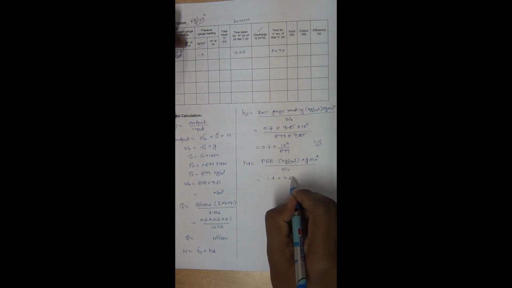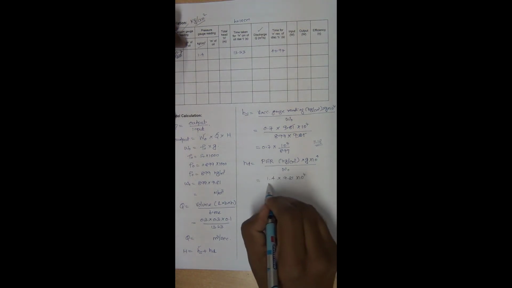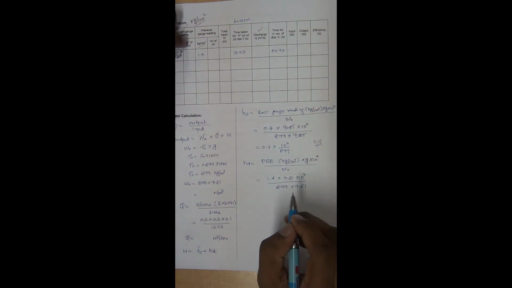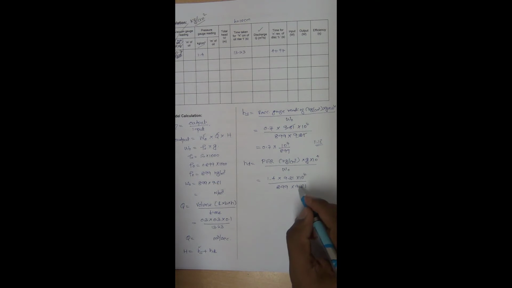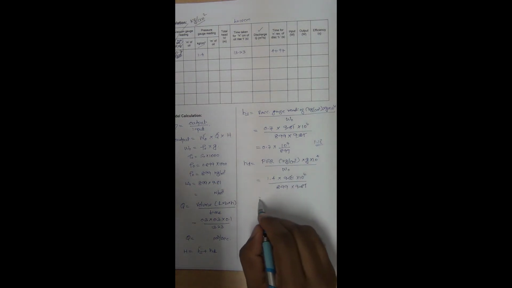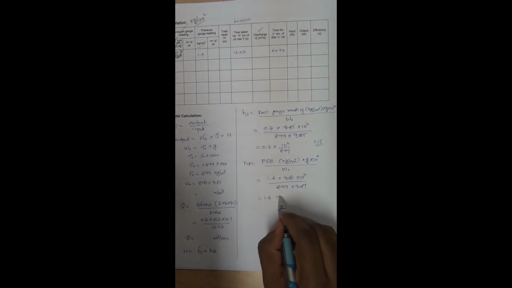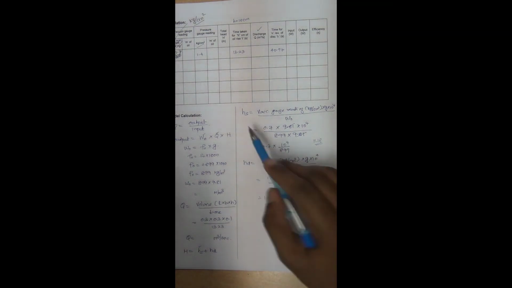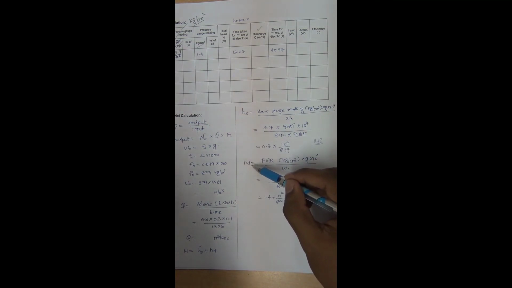That is 1.4 into 9.81 into 10 power 4 divided by 899 into 9.81. So it is going to be repeated. So 9.81 gets cancelled: 1.4 into 10 power 4 divided by 899. This is going to be similar. Whatever way we have calculated HS, the similar way we are going to calculate HD also.